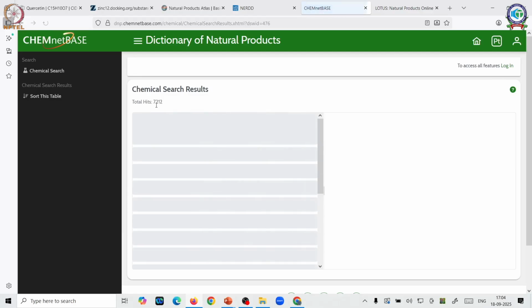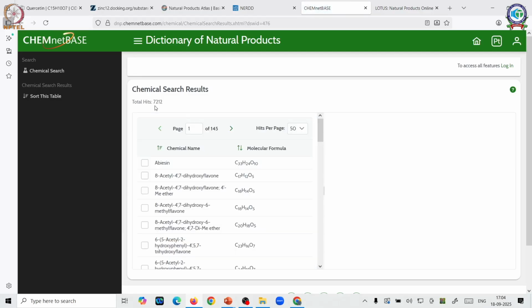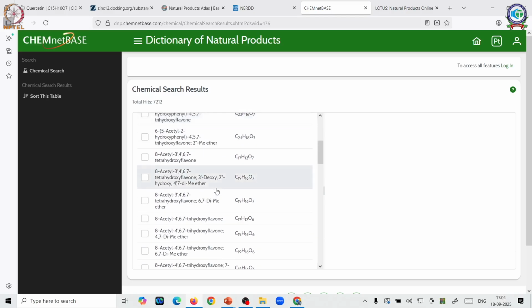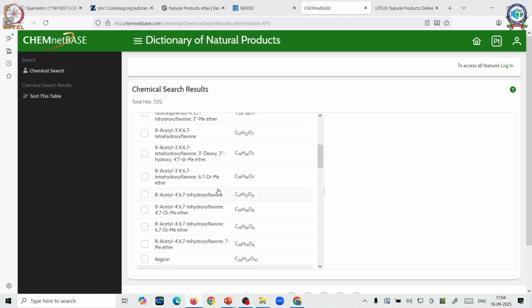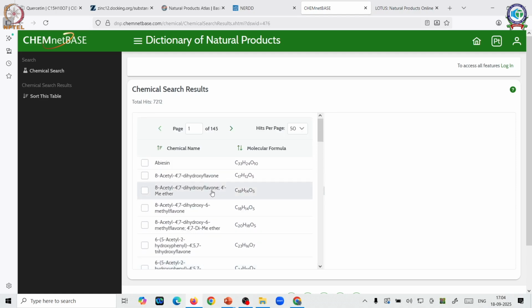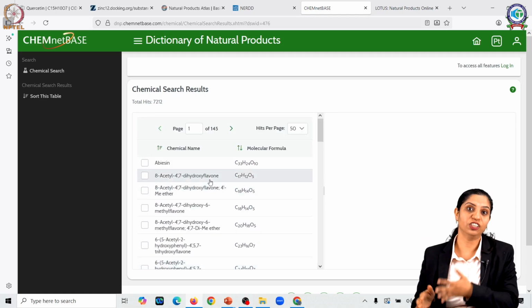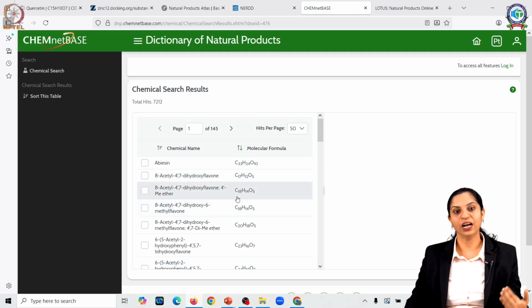So, you can see the total hits. In nature there are 7,212 molecules which had that particular structure, and here is the list of all those molecules. So, the Dictionary of Natural Products, based on the structure that you have curated, will come up with all the possibilities and all the structures.